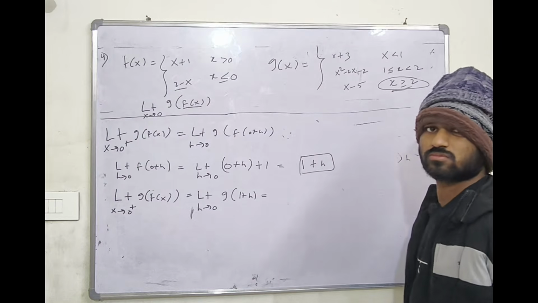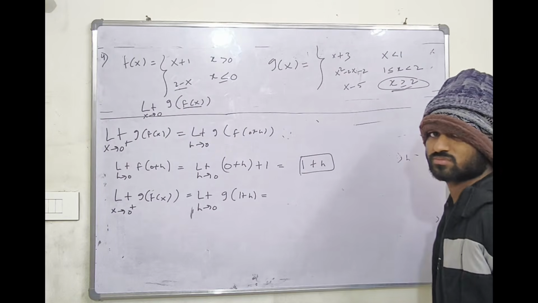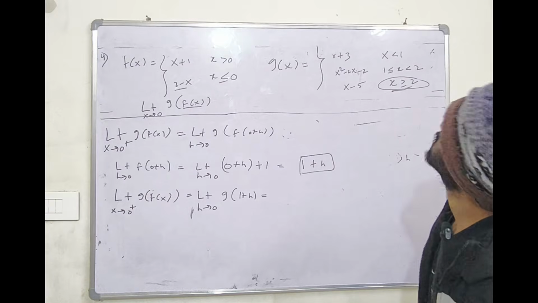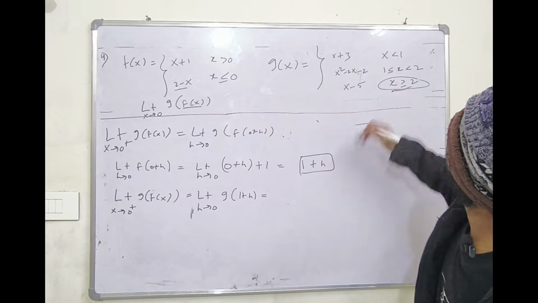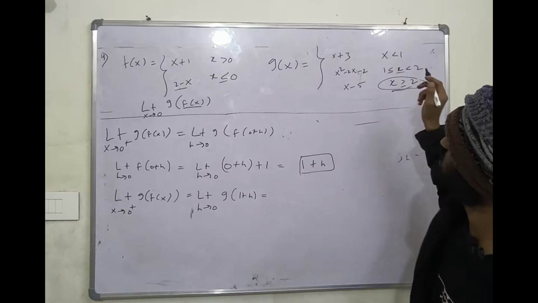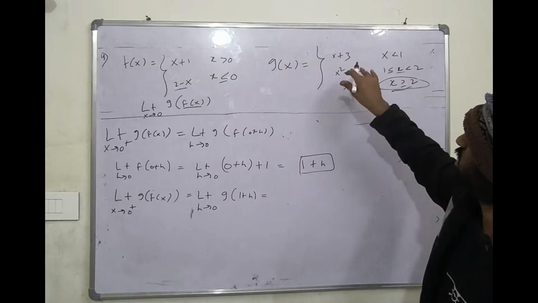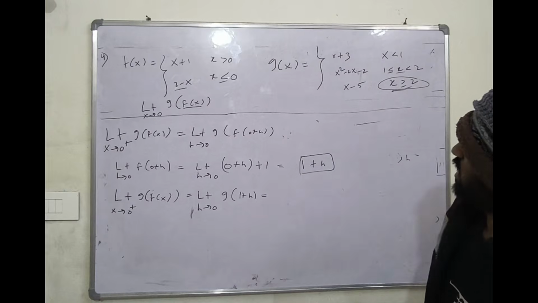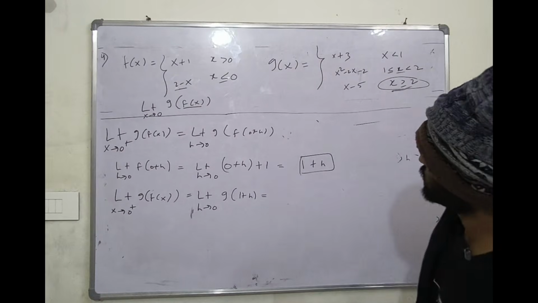Since h is positive, 1 plus h must be greater than 1. So where is it greater than 1? Between 1 and 2 we will have greater than 1. So our function is x square minus 2x minus 2. In place of x we have 1 plus h, so substitute there.